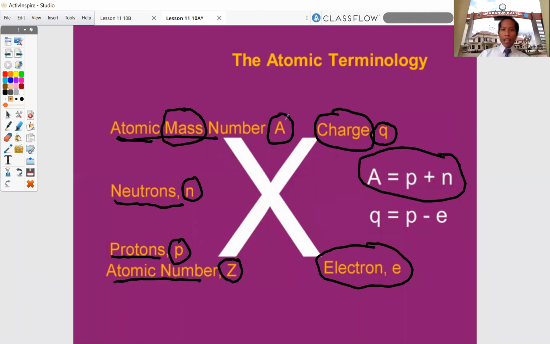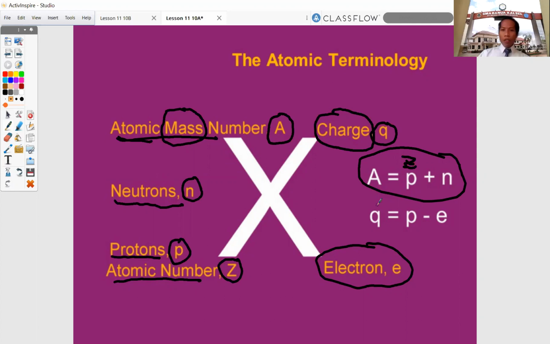This A is equal to P plus N, or we can change P with Z. Also can be Z plus N. This is the same, P plus N or Z plus N, because the numbers of P and Z are equal.